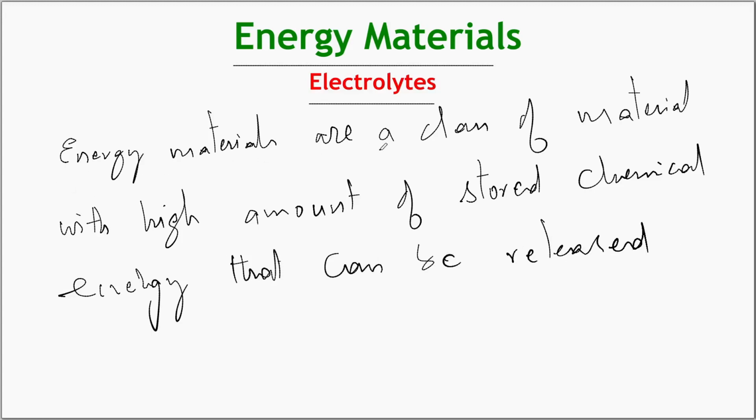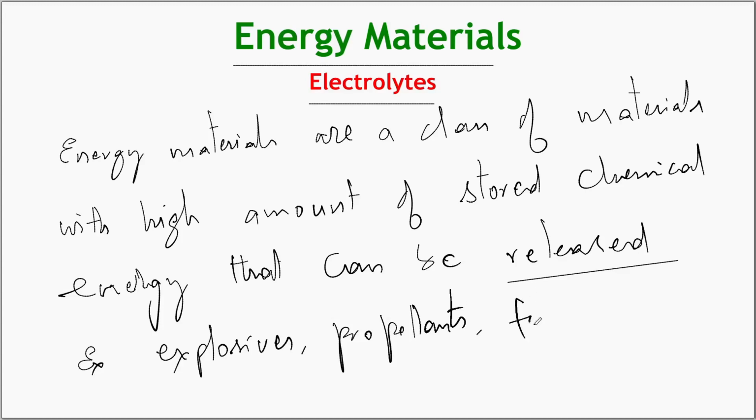The energy is stored in the form of chemical energy in an energy material, and this energy can be released. The examples of energy materials are explosives, propellants, fuels, and electrolytes. Our discussion will be mainly focused on the electrolytes.